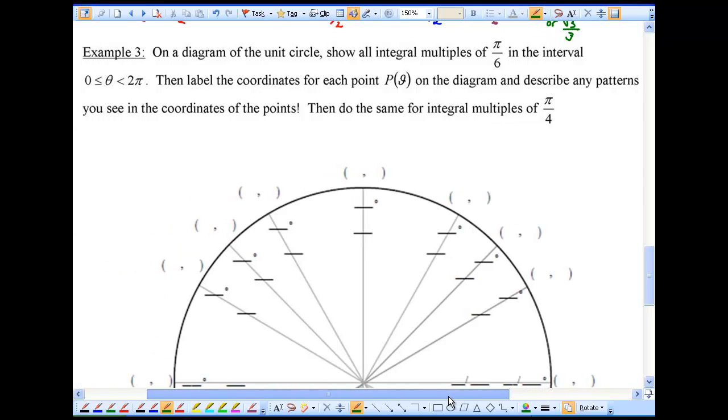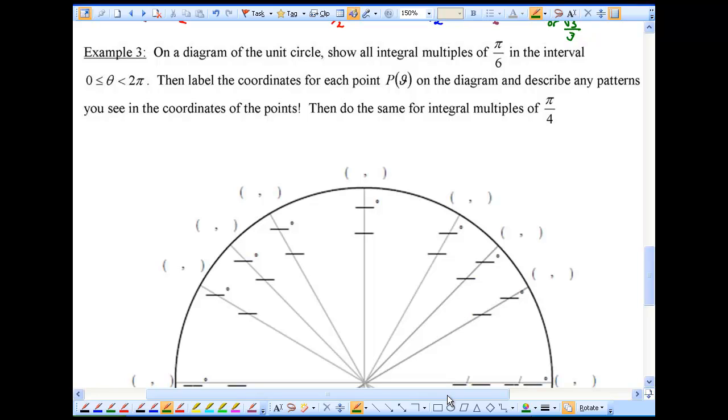That's one full cycle. Then I want you to label the coordinates for each point P of theta. So given each angle theta, I want you to label the coordinates on this unit circle, and then describe any patterns you see in the coordinates of these points. Then we'll do the same thing for pi over 4, and we'll see what happens.